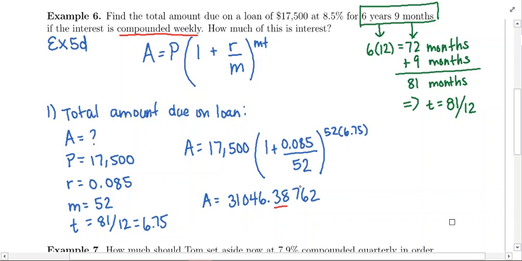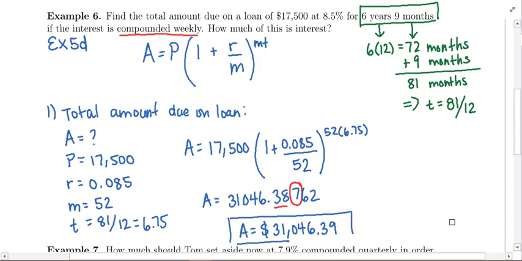We've got 38 cents. We have to look at the number that comes after it. It is a 7, so we need to bump it up. So the total amount that we have to pay back on the loan is $31,046.39. So that's the total amount due on the loan, and that's the answer to the first question.